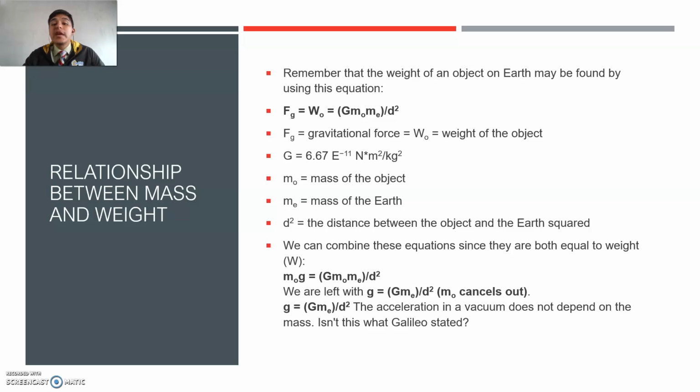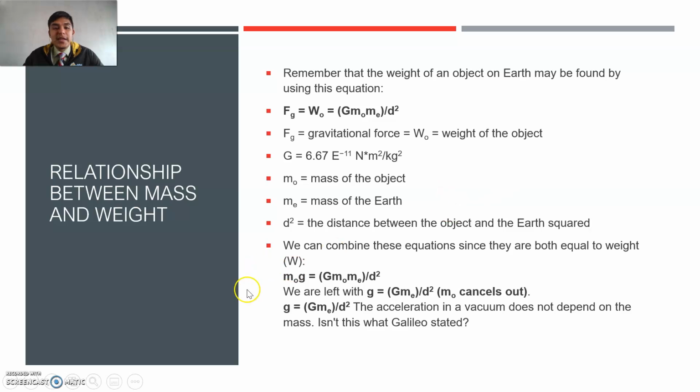And we can combine these equations since they are both equal to weight. Sometimes this happens in physics. If you have two formulas that are going to equal the same term that we are looking for, we can combine them in order to find another value that we don't have in the problem that we are analyzing.